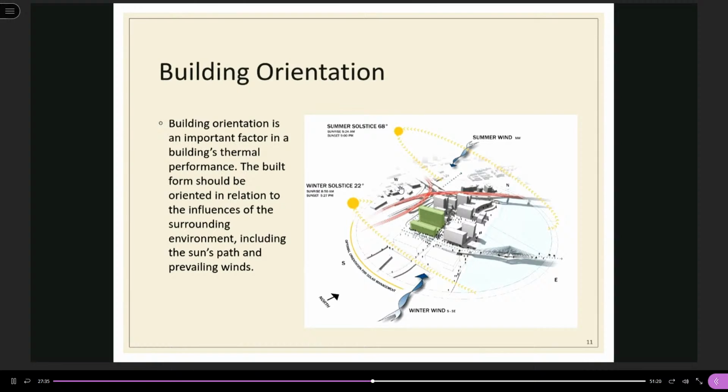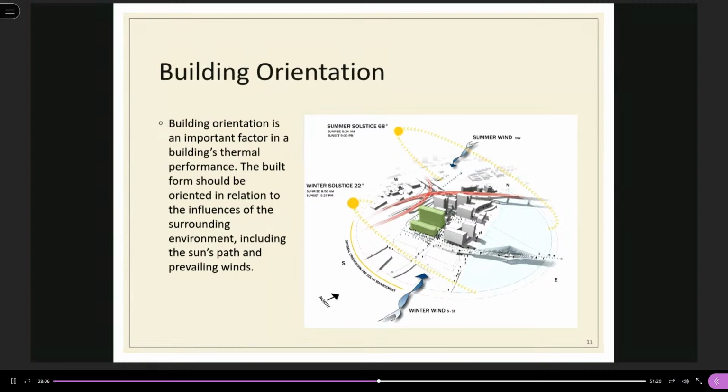Like in Hong Kong, in the summer, usually the wind will blow from the south. We have the wind from the sea, and that's why it is humid in the summer. And in the winter, the wind comes from the north, from the land, and that's why we have a dry, cool winter. Okay, so these are the prevailing wind directions.